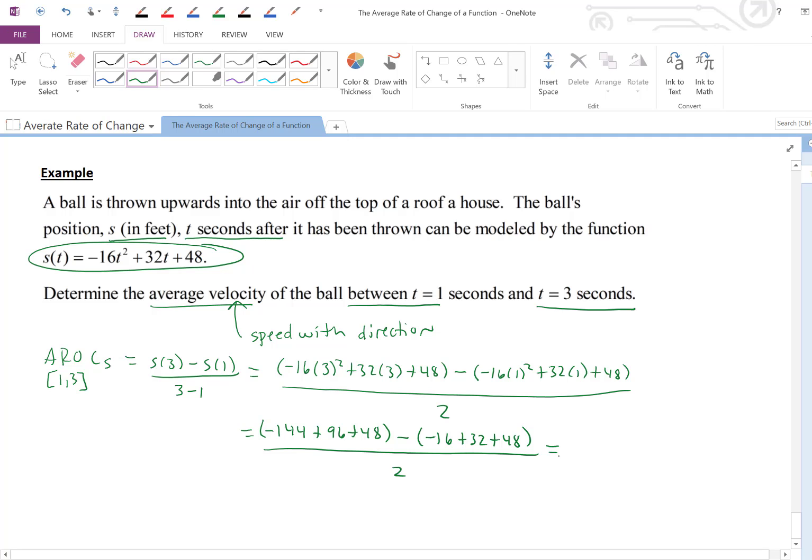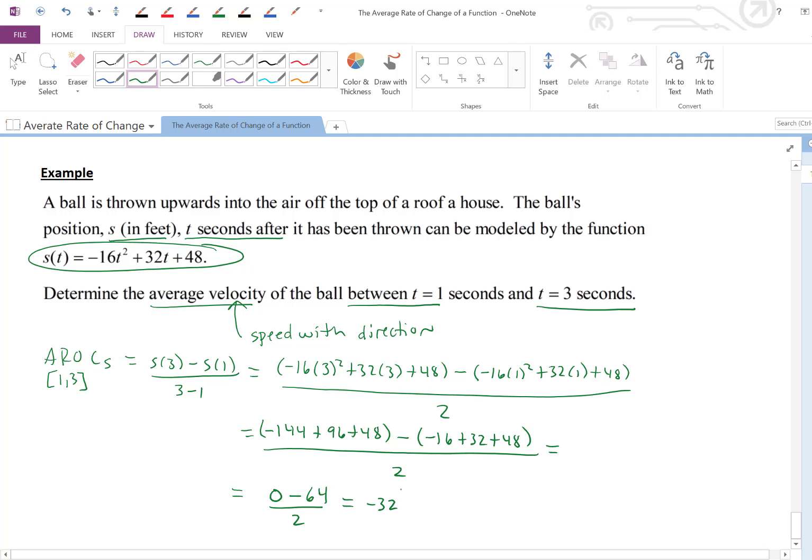In the first parenthesis, negative 144 plus 96 plus 48 is actually 0. And then minus the quantity, negative 16 plus 32 plus 48, which is 64, all over 2. That gives us negative 32.